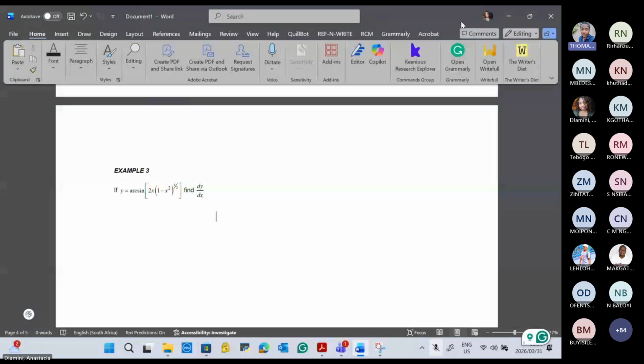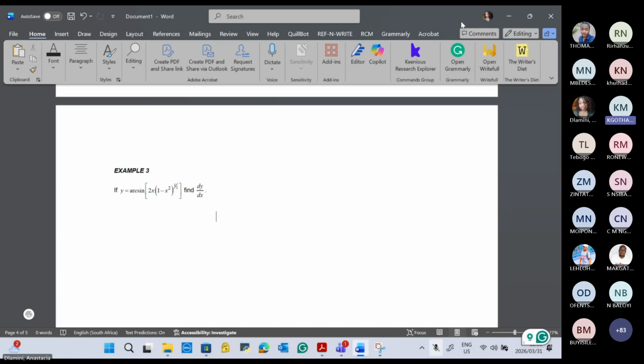But I think she's right. You have to use the product rule here. The product rule, you're gonna use it when you differentiate 2x times 1 minus x squared, I mean the inside bracket. So it's 2 in 1. Yes. All right.